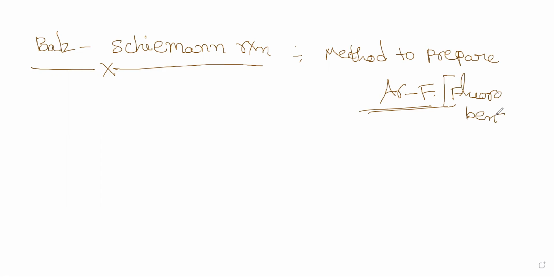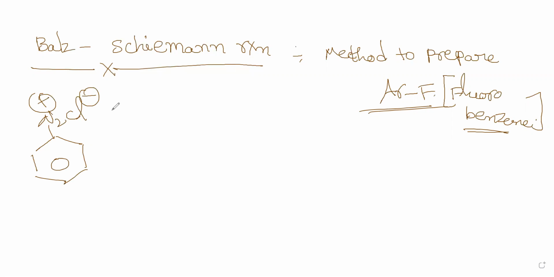Why do we have to employ this method? Because if you treat directly with fluorine, the reactions are very violent. So that is the reason we adopt this method. You have the benzene ring with N2+ Cl-. It is treated with HBF4, which is called fluoroboric acid.